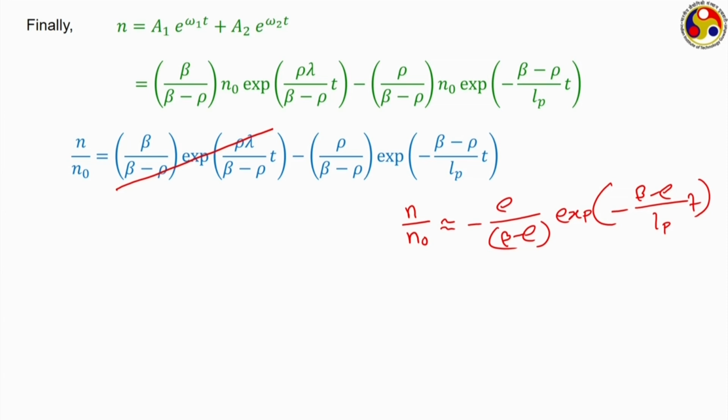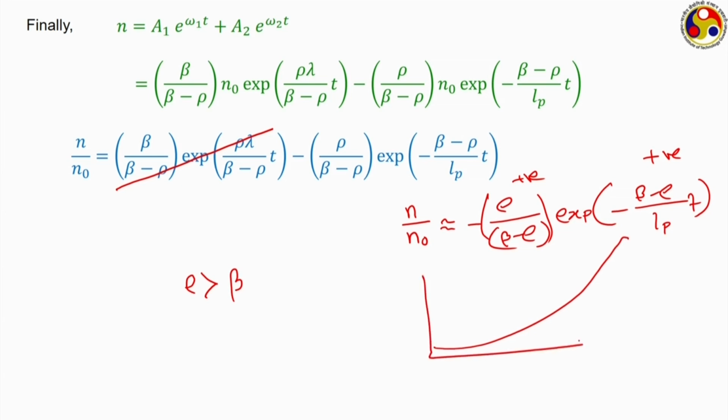When beta is greater than rho, or I should say let us take the other case, when rho is greater than beta, then this quantity is positive and the entire coefficient is also positive, and so your profile, that is n, is actually a positive exponential function. So, it will increase exponentially. If we plot time on this axis and n upon n naught on the other axis, it will exponentially grow.